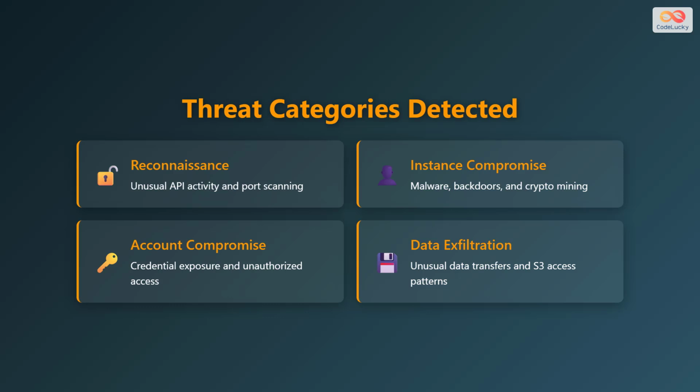Third is account compromise, which identifies credential exposure and unauthorized access attempts to your AWS accounts. And finally, data exfiltration threats are detected when GuardDuty notices unusual data transfers or suspicious S3 access patterns that could indicate someone stealing your data.